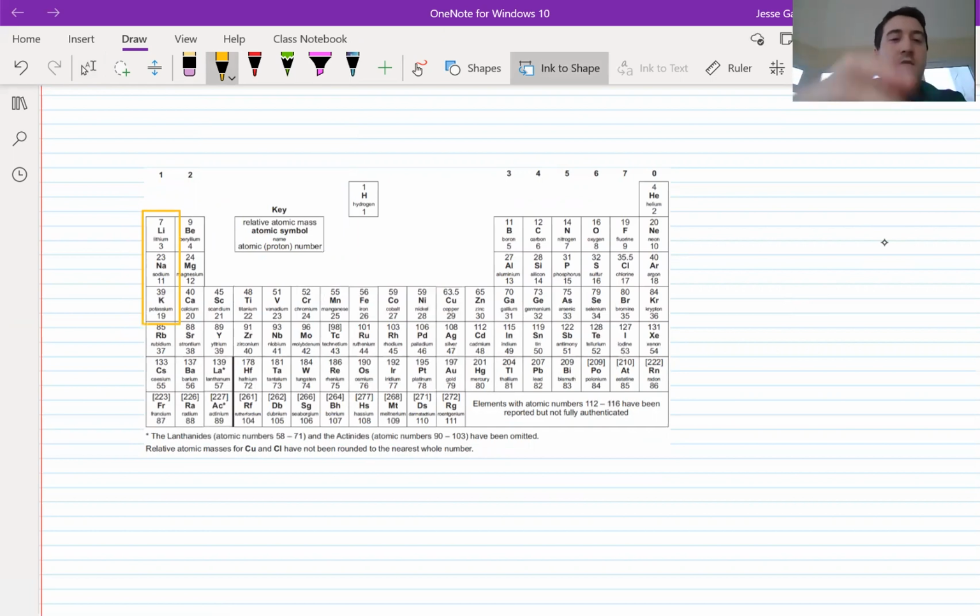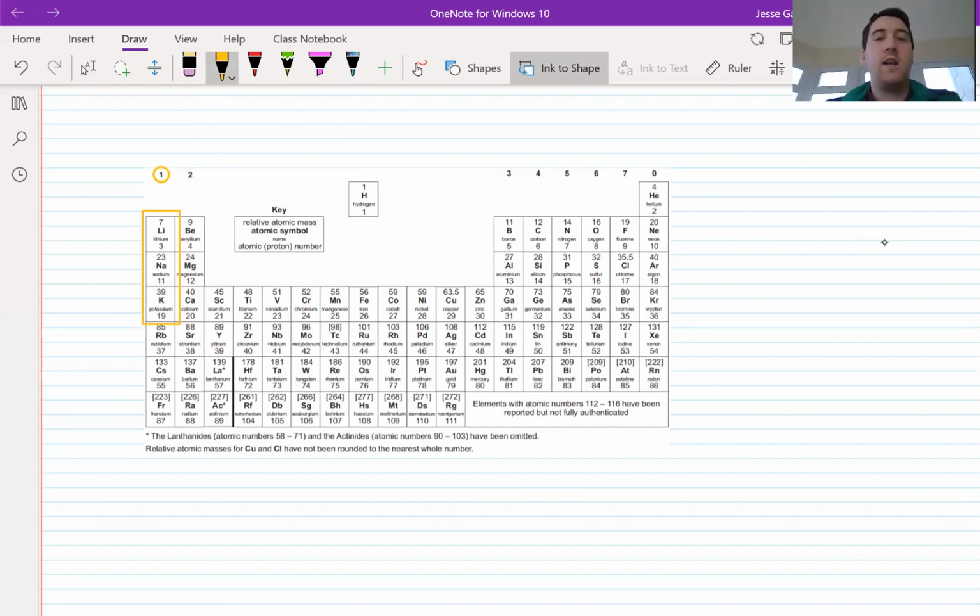They're in the same vertical column. What do we call these vertical columns in the periodic table? Speak your answer to the screen now. 1, 2, 3. Okay, we call the vertical columns groups. This here is group 1 in the periodic table. I know that it's group 1 because it's the first vertical column. They all belong to group 1.